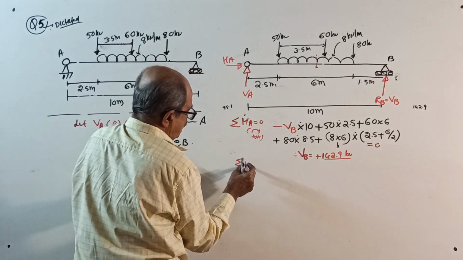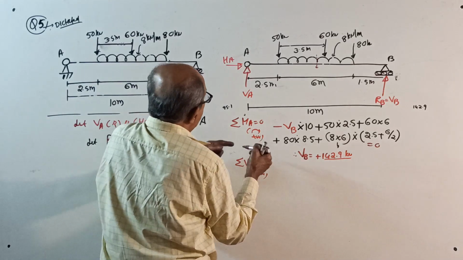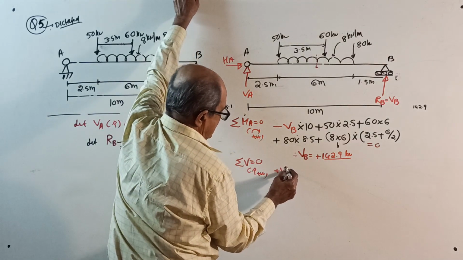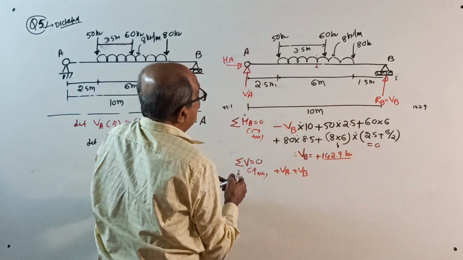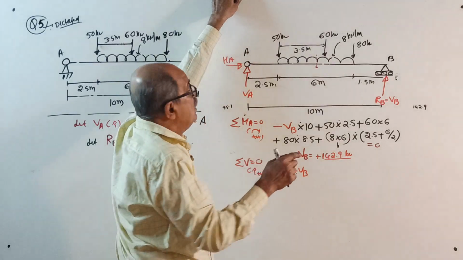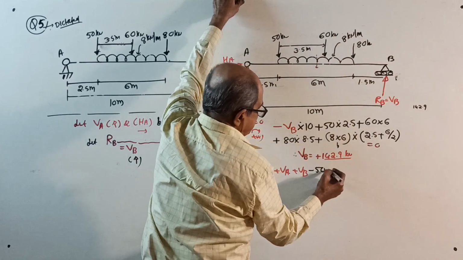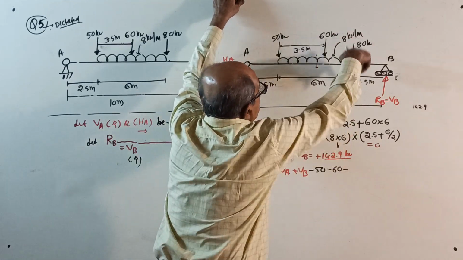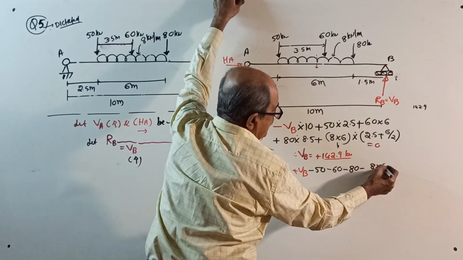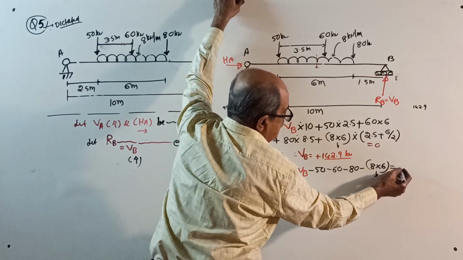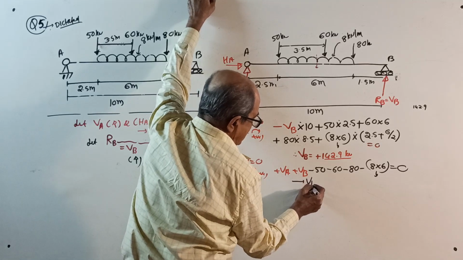Sigma V equal to 0. Take upward positive. Plus VA plus VB, both are upward. This time no moment, only loads. Minus 50, minus 60, minus 80, minus 8 kilonewton per meter for 6 meter, only load, equal to 0. Right here, substitute for VB.